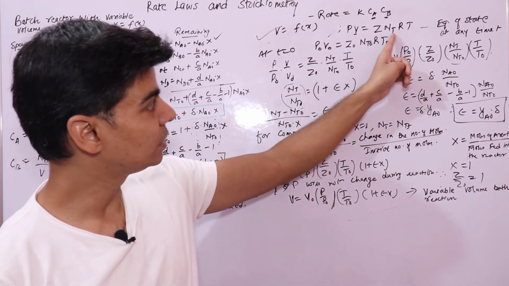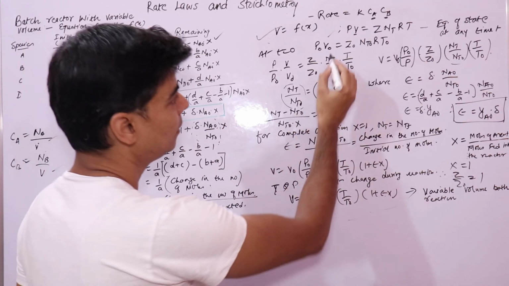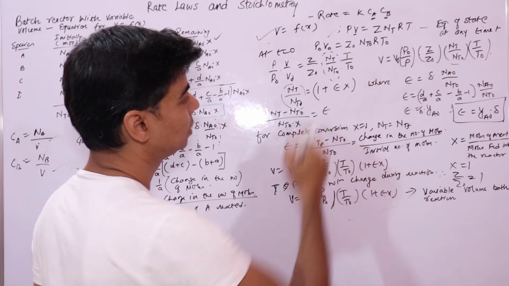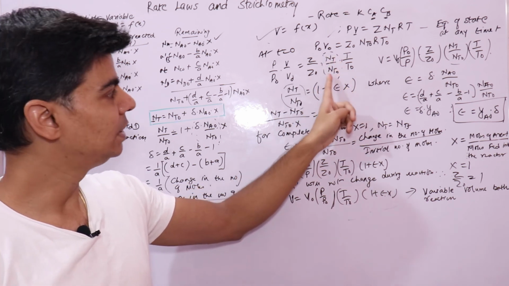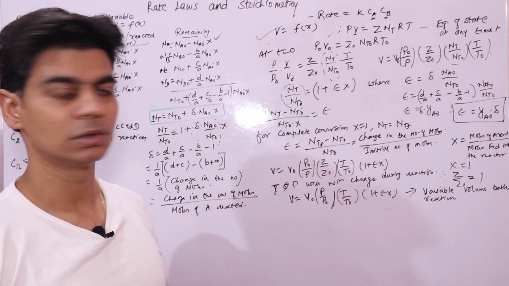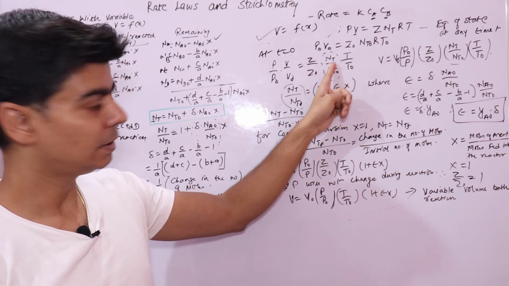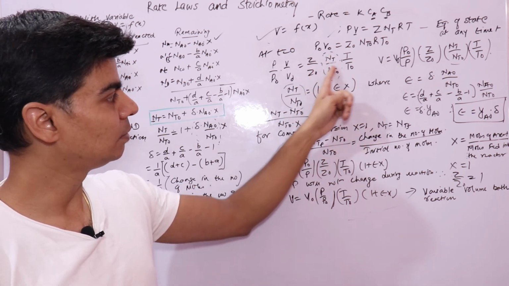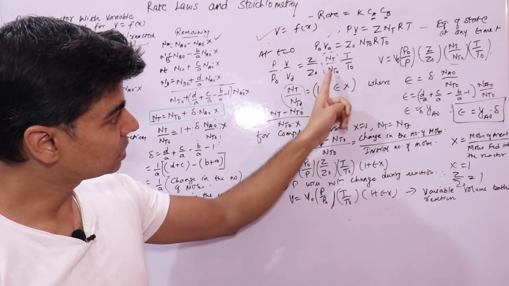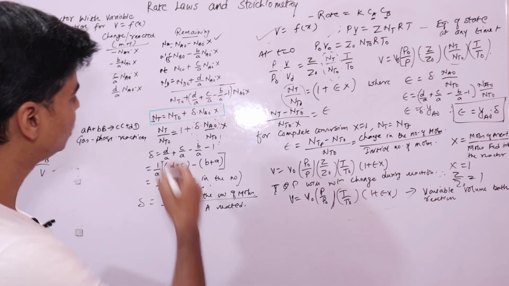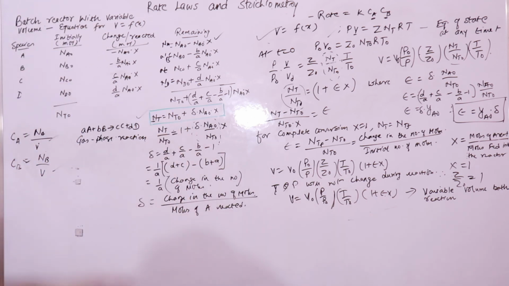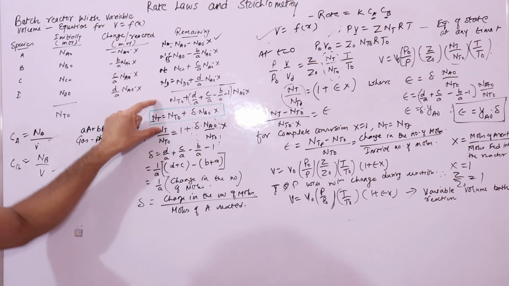Because if you look at this equation, if you divide this equation, you have moles of A at any time t and initial number of total moles, right? Total moles at any time t, total moles initially. These two terms can be related using this equation.